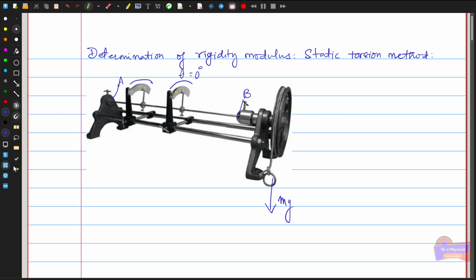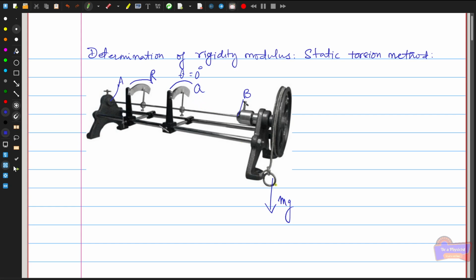The angle of twist can be measured by means of two points, which we take as Q and R, on the scales. This measures the twist in degrees, which we have to convert into radians.